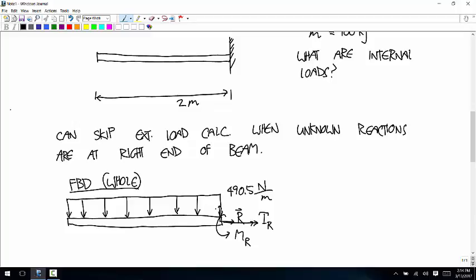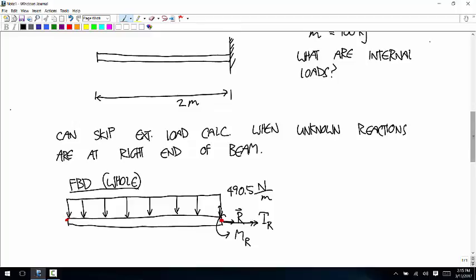Okay, so now I just drew this free body diagram so we could think about how many cuts we need to make. There's going to be a cut between the endpoints. Are there any other places besides the endpoints where we have point loads or distributed load functions change? Nope.